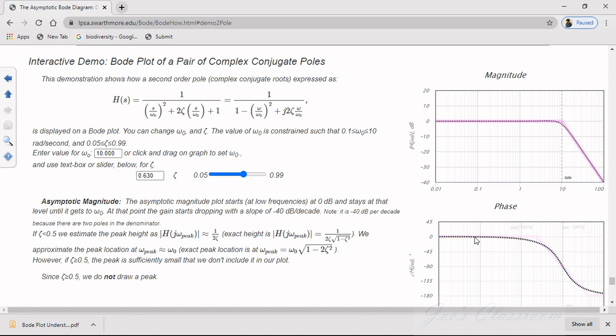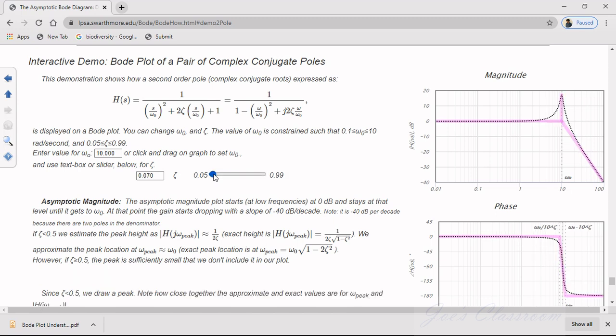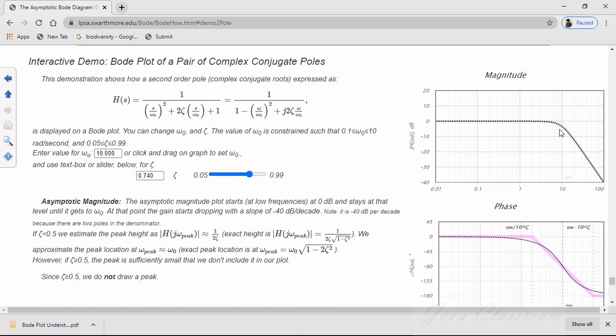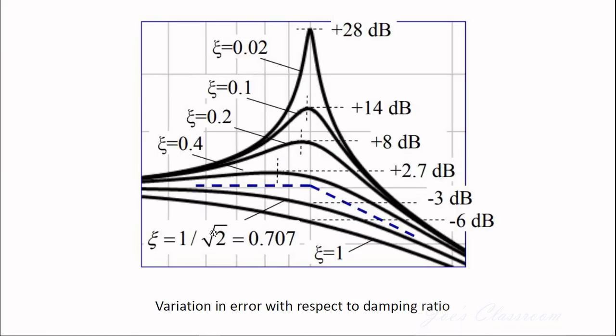And when it comes to the phase plot, as the damping ratio becomes smaller and smaller, the change in the phase angle becomes steeper and steeper. And this is what we are able to understand regarding the variation of the asymptotic plot from the exact plot. This can be well understood from this diagram also.